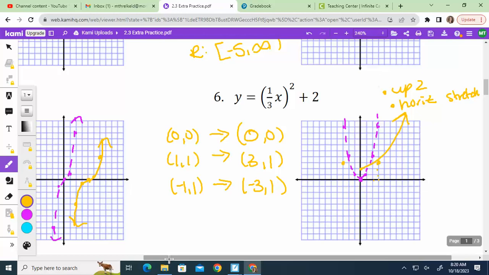So we're getting a fatter graph over here. Any questions on that?